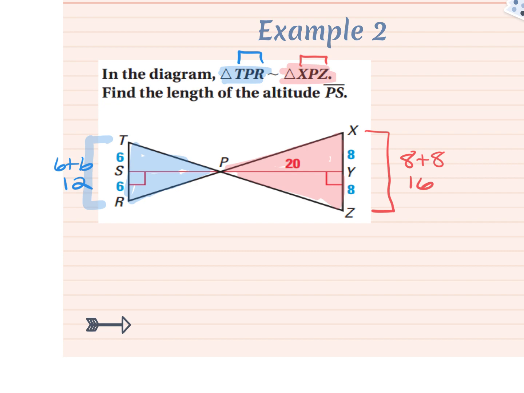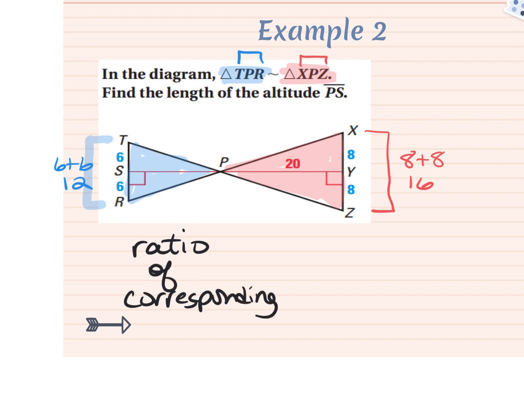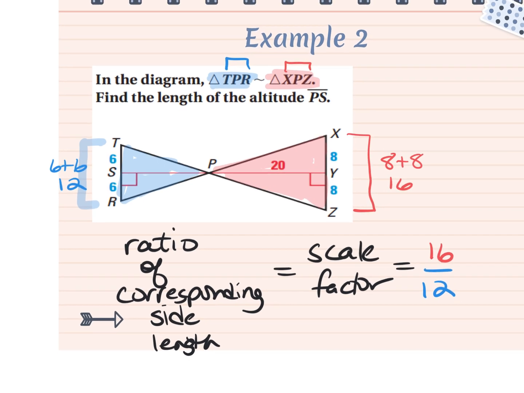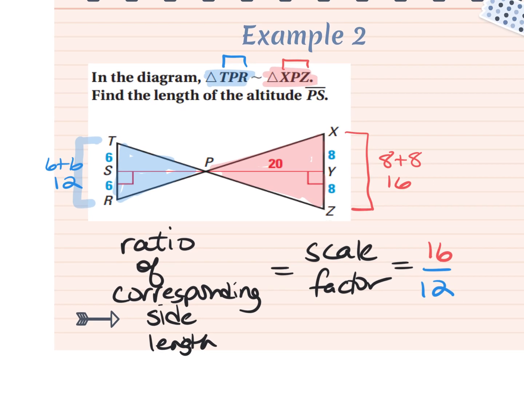So what I'm going to do to find my ratio of my corresponding side lengths, which is also the scale factor, I need to do the new figure, or the right figure over the left. So I'm going to take the 16 and put it over the 12. And my scale factor is going to simplify 4 to 3.